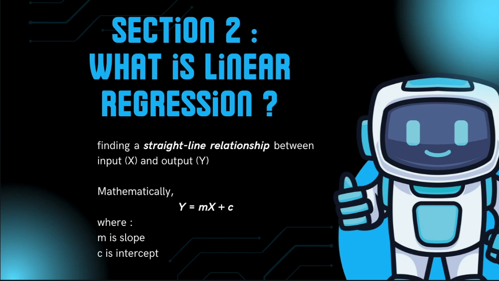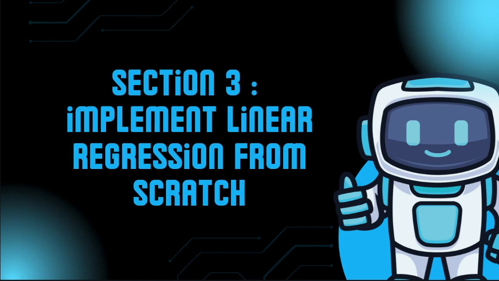Mathematically, it is written as y equal to mx plus c, where m is the slope that shows how much y changes when x changes, and c is the intercept, that is y's value when x is 0. Our goal: find the best values of m and c that make the line fit the data as closely as possible. Let's implement the math ourselves to understand how AI learns.